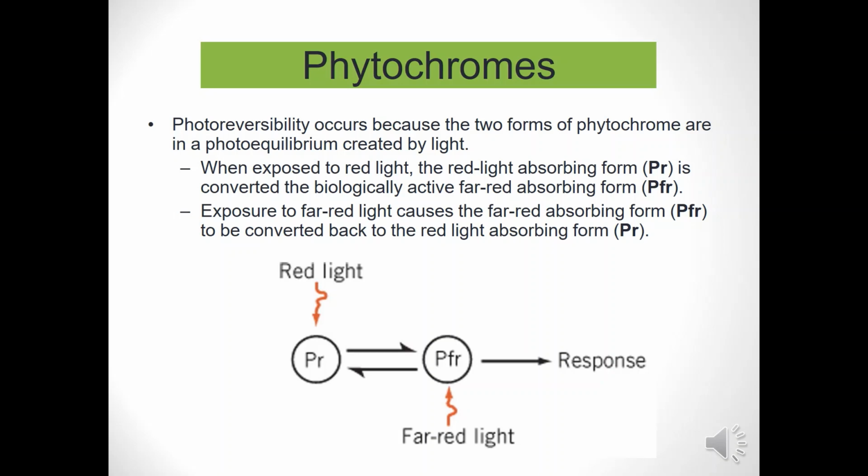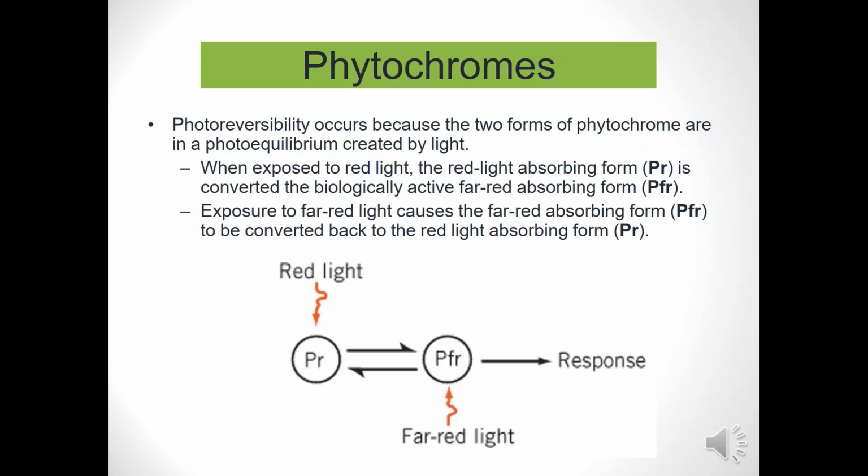So what happened? Okay, you need to remember the wavelength of this phytochrome. The process of photoreversibility occurs between 600 to 800 nanometer, because red light is 600 nanometer and far red light is 730, which is equivalent to what we call 800 nanometer.